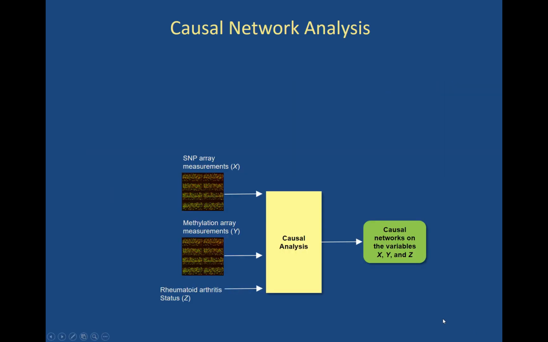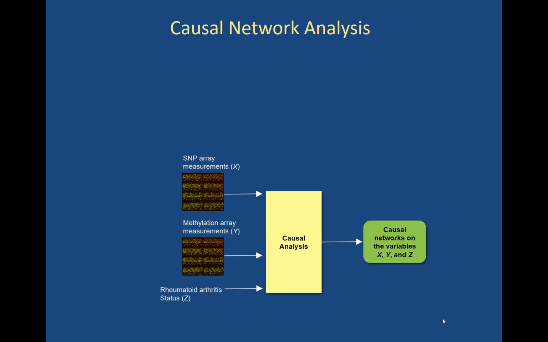If we consider this analysis problem in terms of our general causal network workflow, we see that the X variables can represent many different SNP array measurements. The Y variables represent many different methylation array measurements, and Z always represents rheumatoid arthritis status.